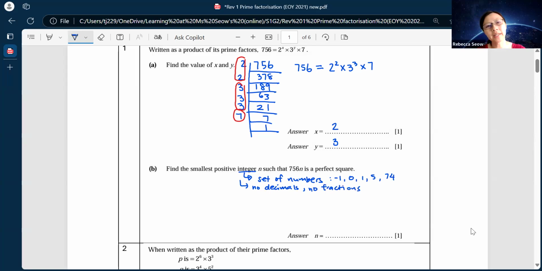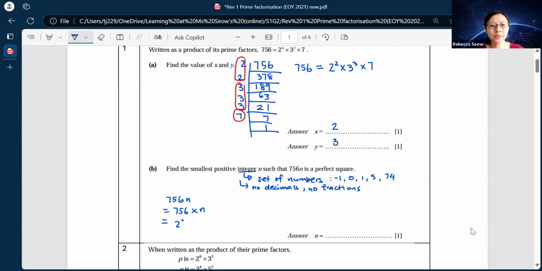So with this in mind, 756n being a perfect square means that it is 756 multiplied by the value of n. Now, before we can find what n is, it will be good for us to put down the prime factorized form of 756.